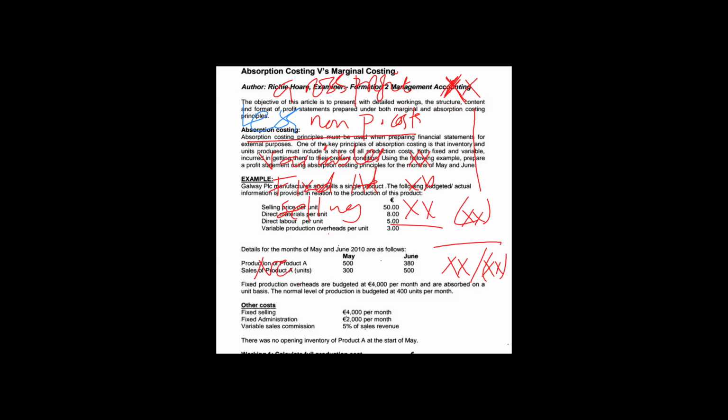Is that clear? This shall be net profit slash loss. If it's negative, it's a loss. If it is positive, it is profit. That's that. So that's a simple format for absorption costing.